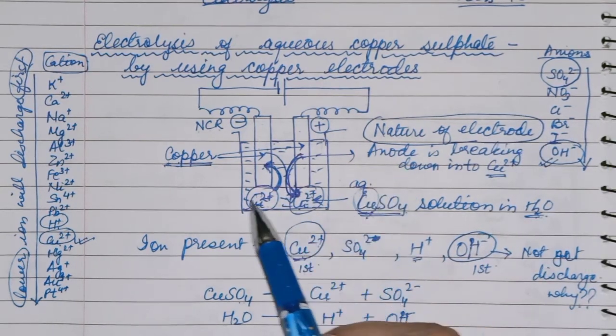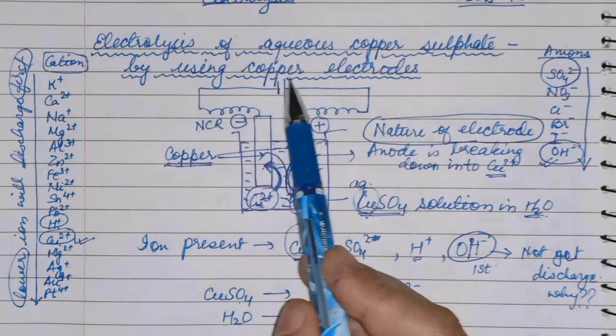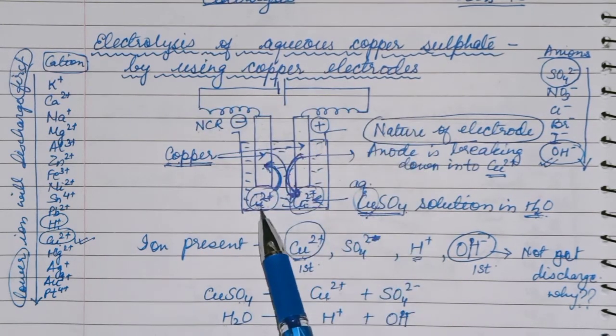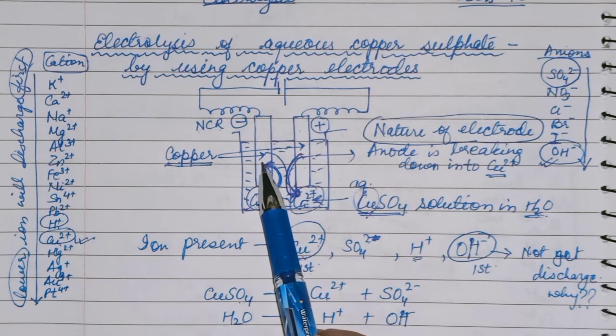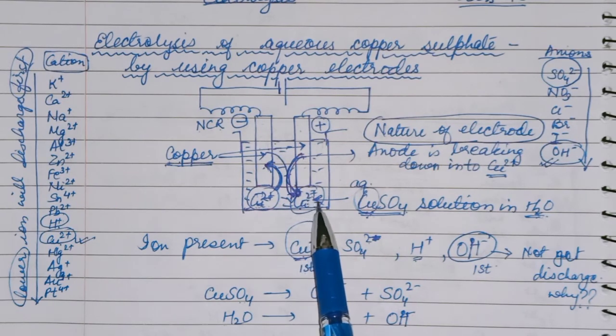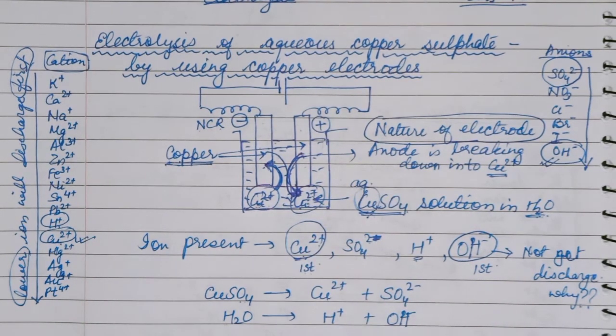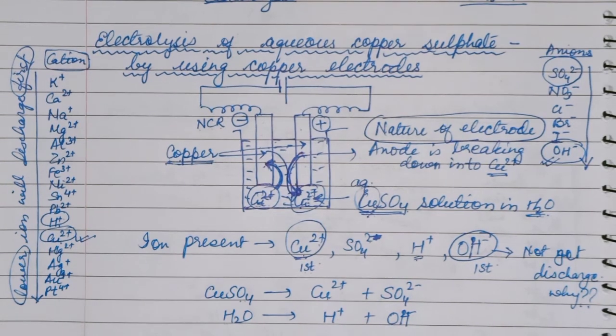Why? Because it is maintaining the concentration of Cu2+ ions in the electrolyte. So remember this, when we are using a copper electrode, only copper is getting deposited at the cathode, and from the anode copper itself is coming into the electrolyte. So this is the electrolysis of aqueous copper sulphate solution.